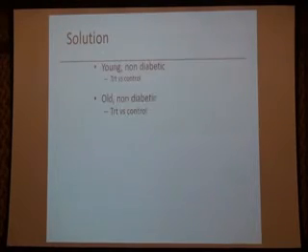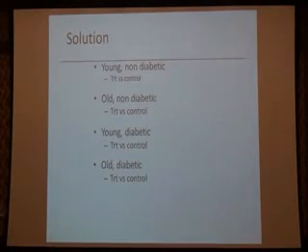Now you have 4 groups. So you do the analysis for each one of the strata. I'm not doing the numbers, don't worry, but you would do the numbers for young non-diabetic, old non-diabetic, young diabetic, old diabetic. You will calculate the effect in each one of the strata and then pool across. This is what a stratified or adjusted analysis does.